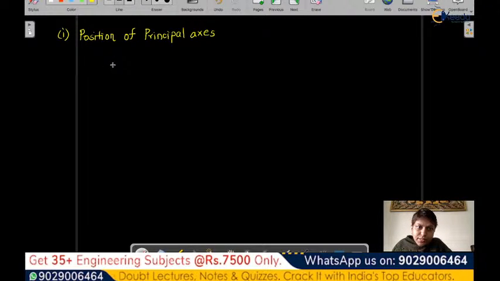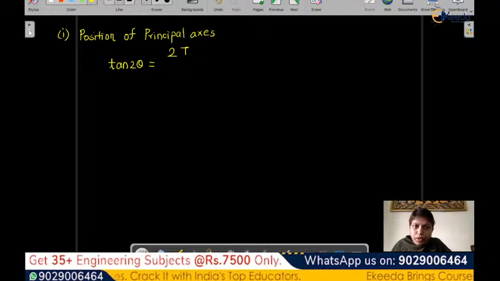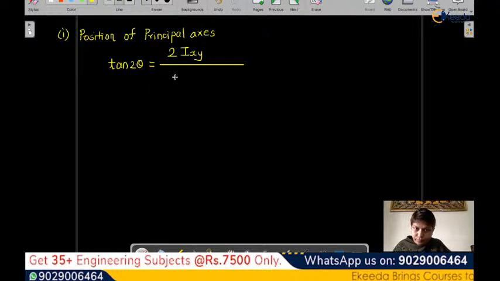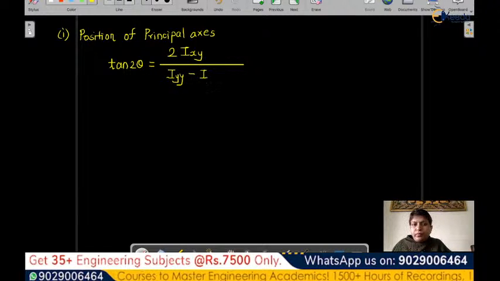For principal axis, you have to remember this formula. Tan 2 theta is equal to 2 Ixy divided by Iyy minus Ixx.